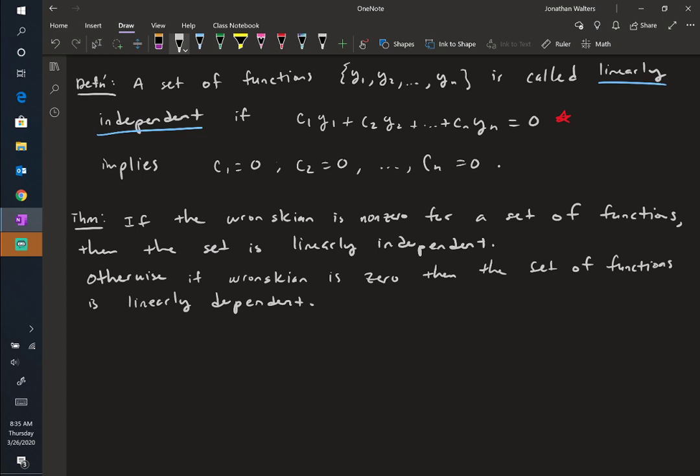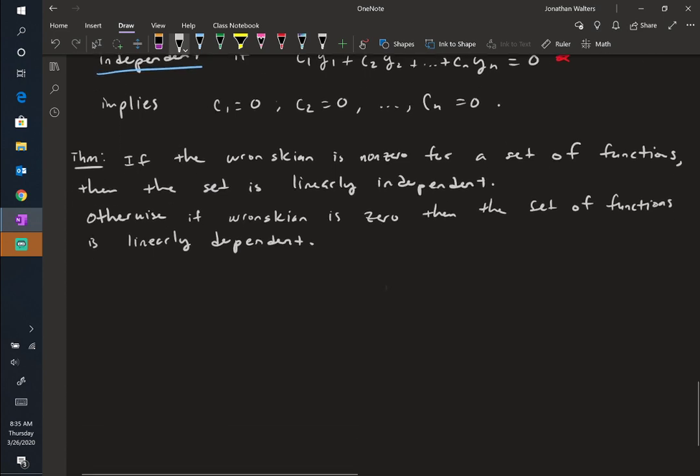So if the Wronskian is non-zero at any point in some interval, then the set is linearly independent. If it's equal to 0 for all points in some interval, then you're linearly dependent on that interval.